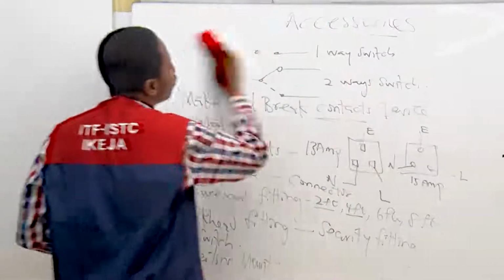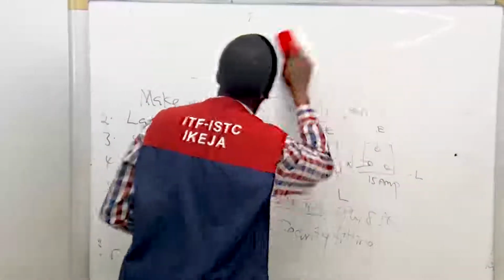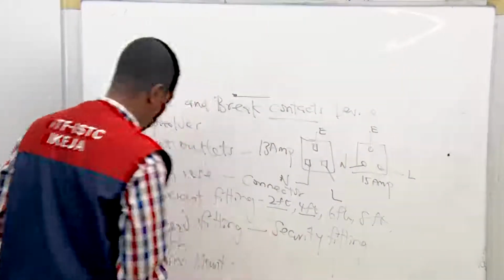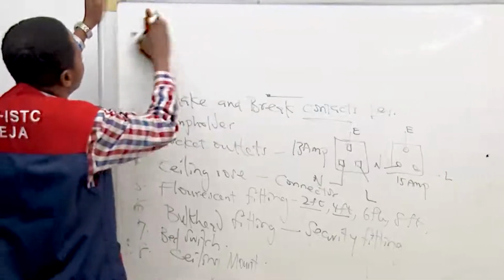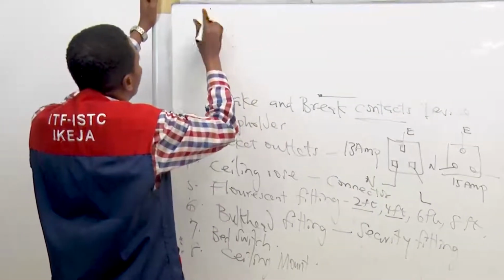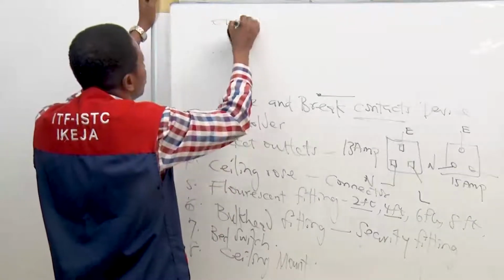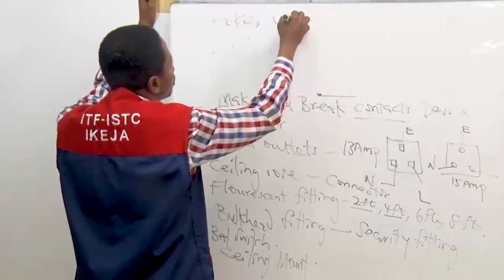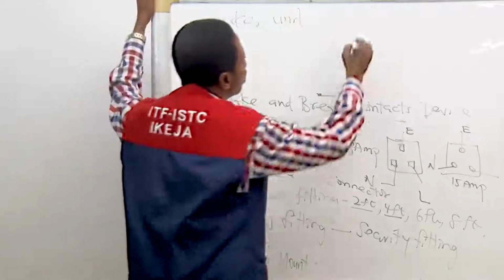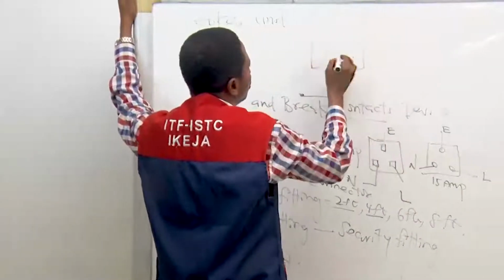Then we have our distribution board. Okay, before the distribution board, under accessory we have cooker units. A cooker unit is in a power socket.